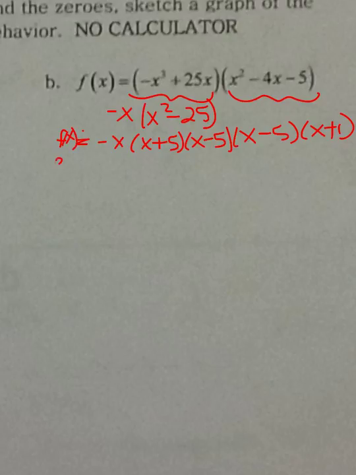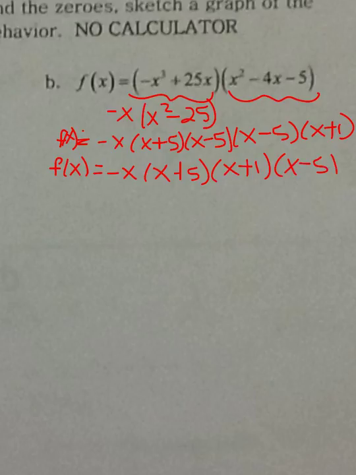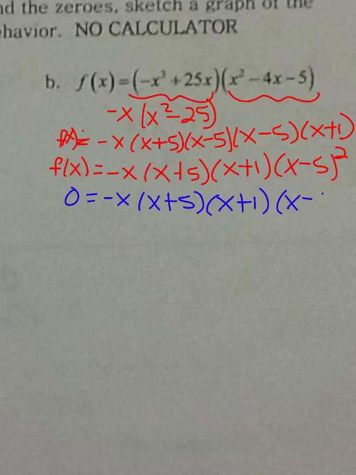So f of x is equal to negative x times x plus 5 times x plus 1 times x minus 5 squared, because I have 2 of them.